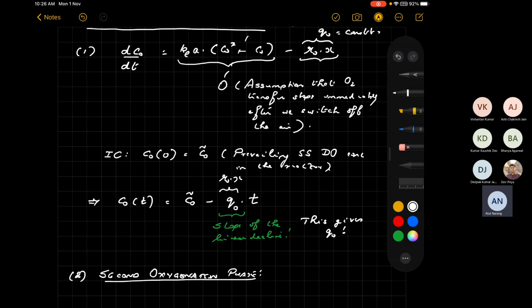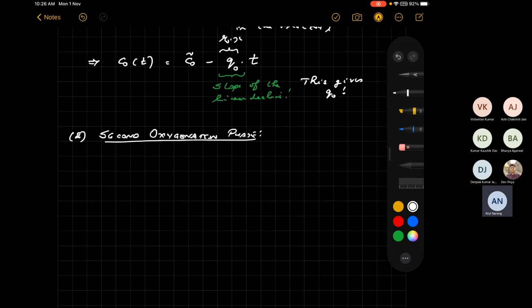So what do we do during the second phase? In the second phase, again, the same differential equation holds: dCO/dt equals KLA times (CO star minus CO), minus Q0, where this quantity is a known constant from the deoxygenation phase.